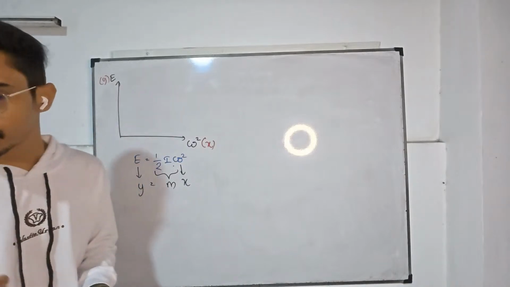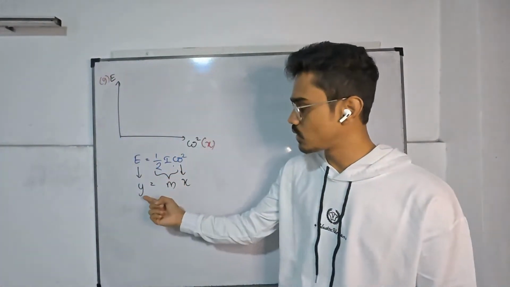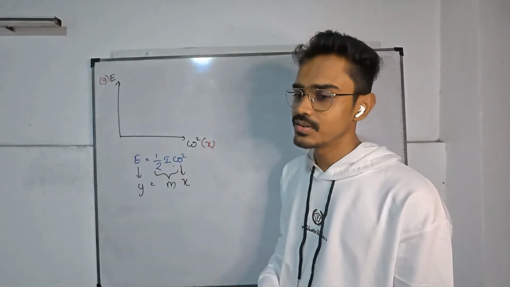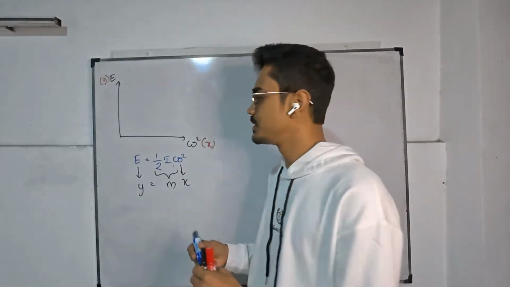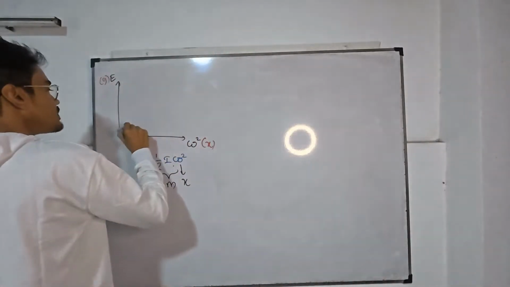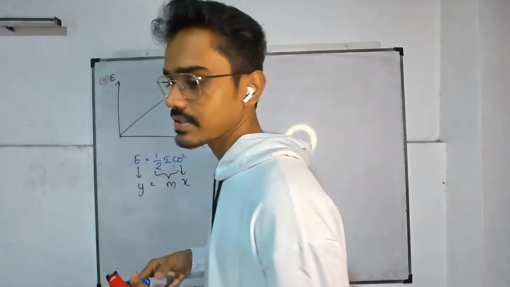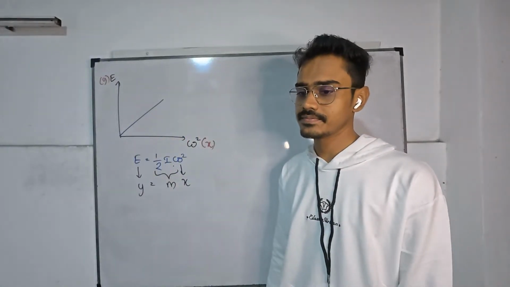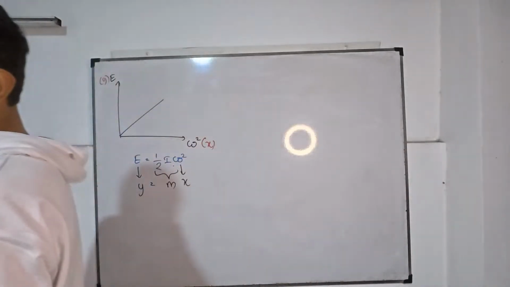So the shape is y equals mx. Very straightforward, very easy. You have to plot the y equals mx graph here, a straight line through the origin.